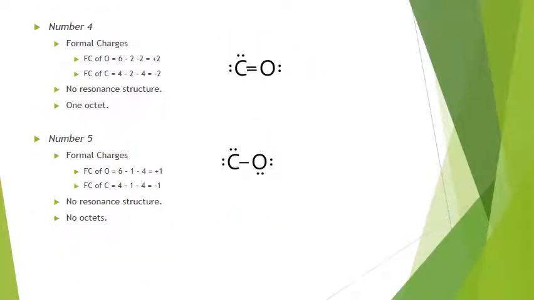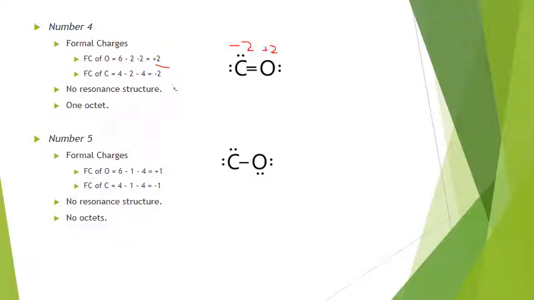Number 4, the oxygen has plus 2 and minus 2. So 6 minus 2 dashes minus 2 dots, plus 2. Carbon, 4 valence electrons, minus 2 dashes minus 2 dots, minus 2.